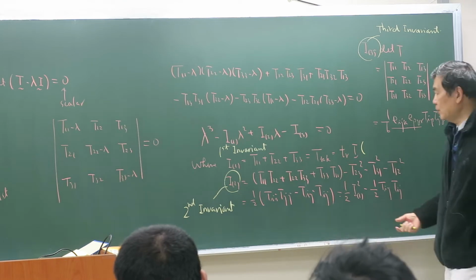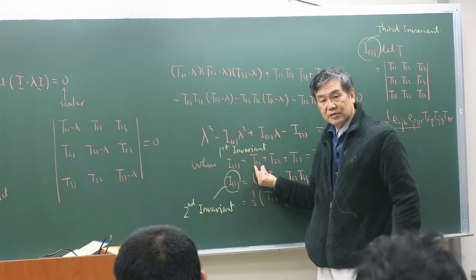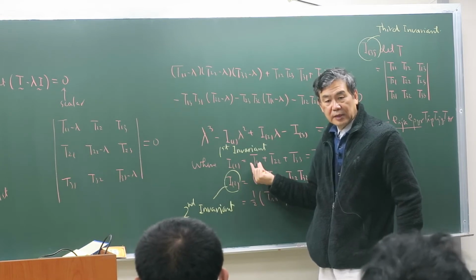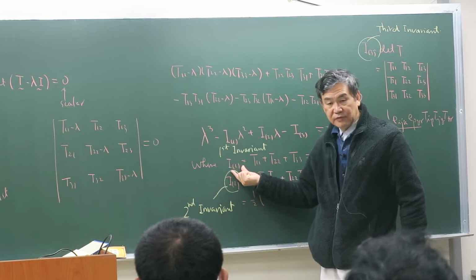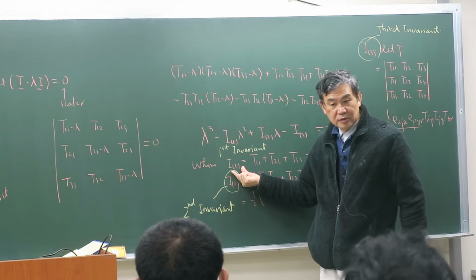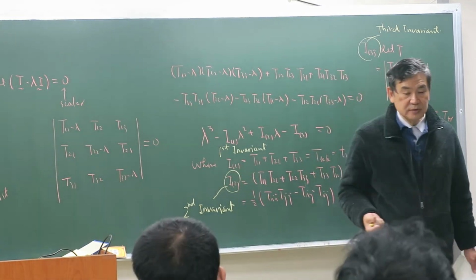So that means this value won't change when I change to another coordinate system. If you use the other coordinate system and add together, you'll get the same value. That's called invariant. It won't change with respect to a change of the coordinate system. Okay? So that's called invariant.